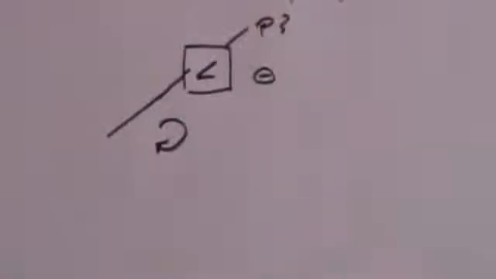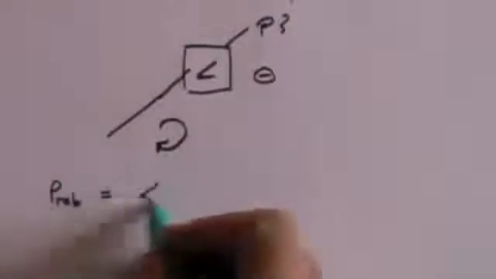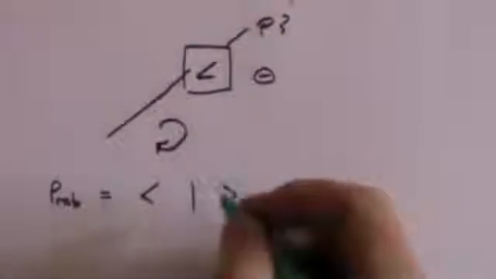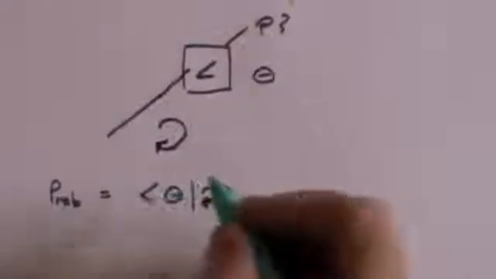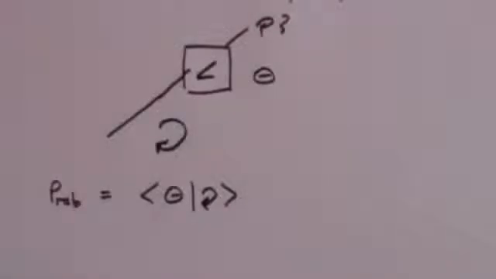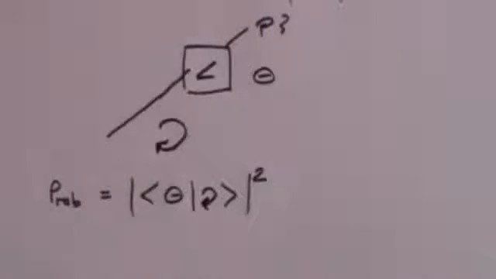Well, we've got the tools to do it. The probability, as we have said before, is simply the probability amplitude, which is you prepare in the clockwise state and you put it through the theta polarizer, and that has to be squared. And just remember, that means multiplying by its complex conjugate, should it come to that, and it probably will.